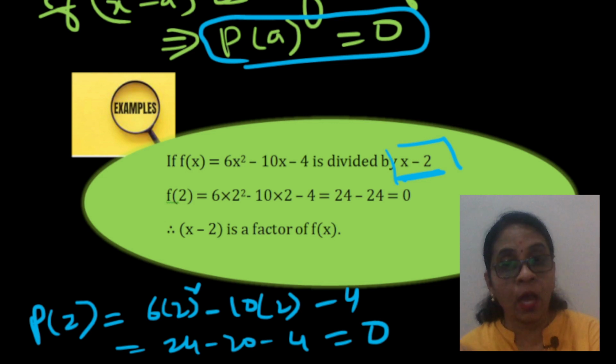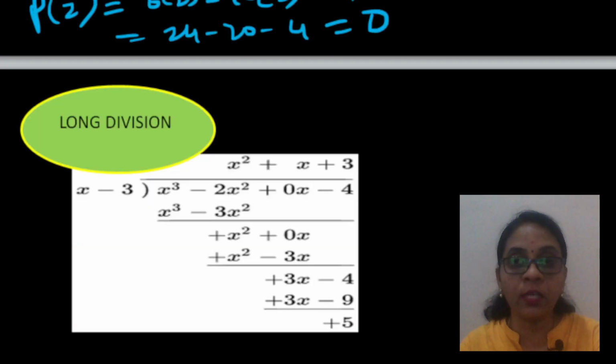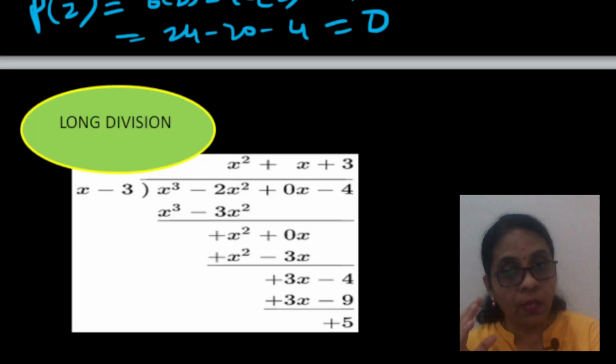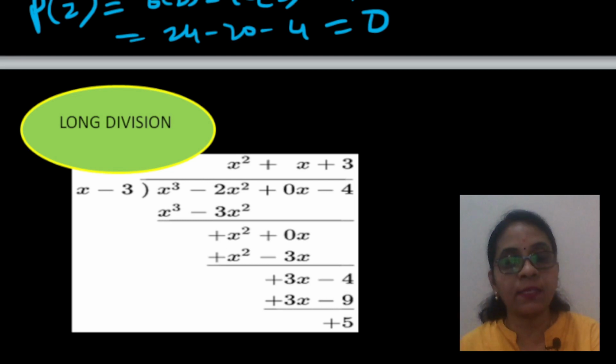Now you will learn one more way of division which is accepted by the board, and that is synthetic division. It really goes very fast when you do synthetic division. So let's see both. It's not that you have to deny the first. If some of you are comfortable with long division, go ahead with long division, but I suggest synthetic division will save far more of your time.